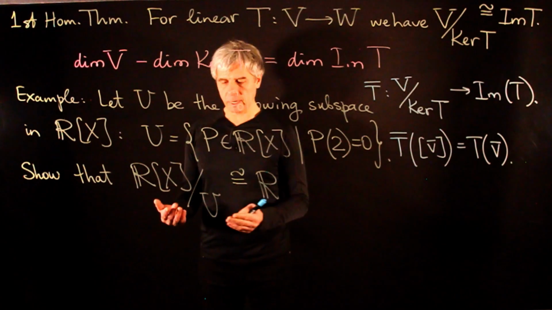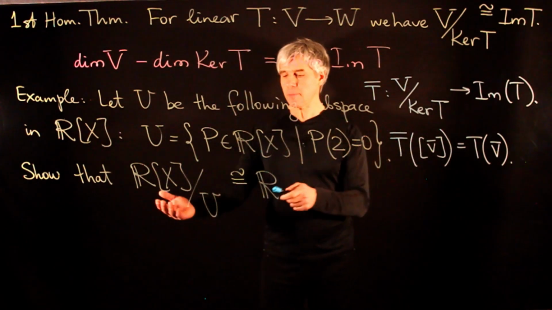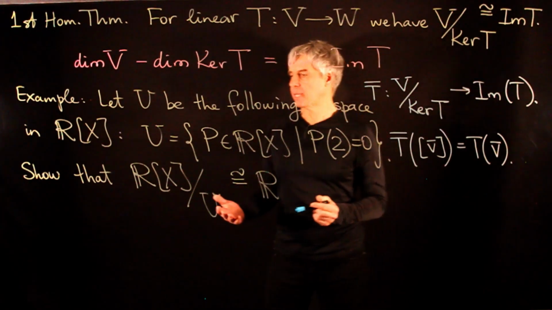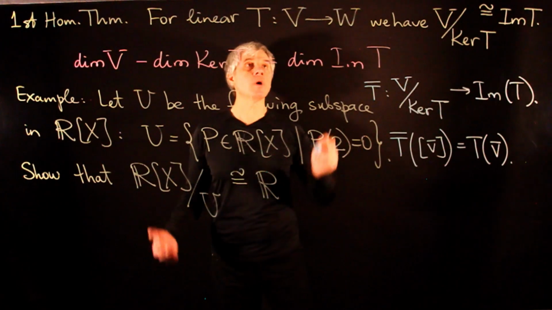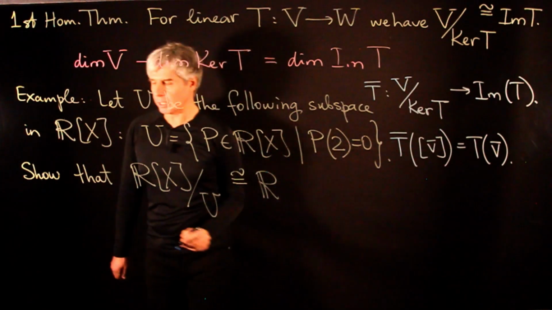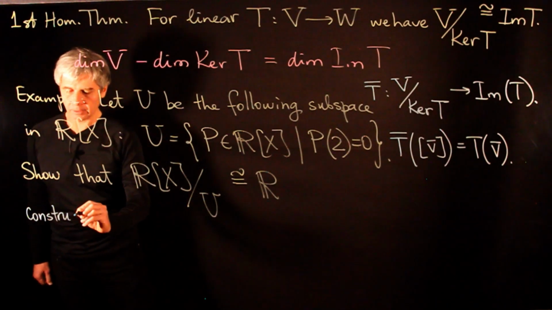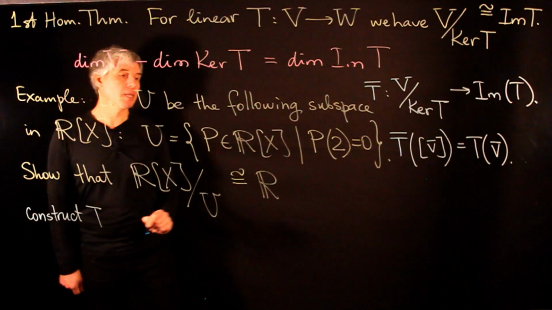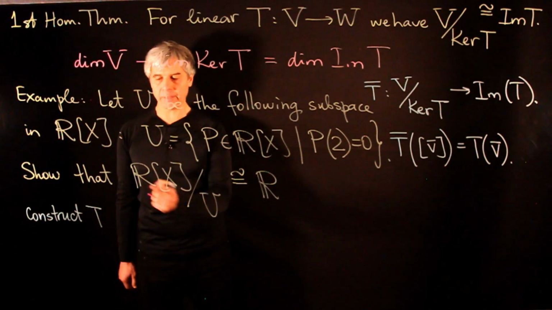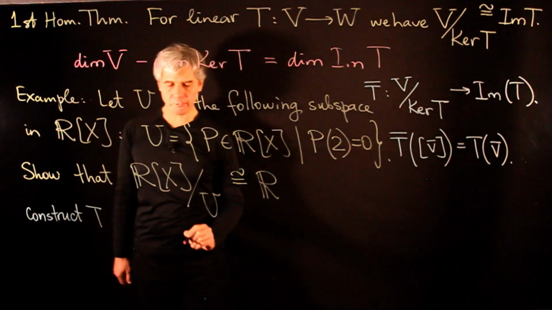The challenge here is that in this problem, we have something that looks like a conclusion of the first homomorphism theorem, but there is absolutely no linear transformation T here. And this is what we need to do: we want to construct the linear transformation T. In order to do this, we need to match the pieces that were given here with the pieces that appear in the first homomorphism theorem.